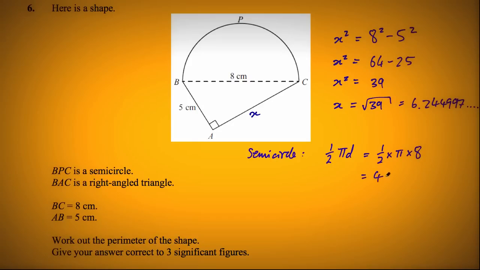So that's 4 pi, which on my calculator is 4 times pi equals 12.56637. Perimeter. My answer needs to be to 3 significant figures, so I'm just going to add my answers to 5 significant figures to make sure I'm going to round correctly in the end. I've got this BPC, which is 12.566.